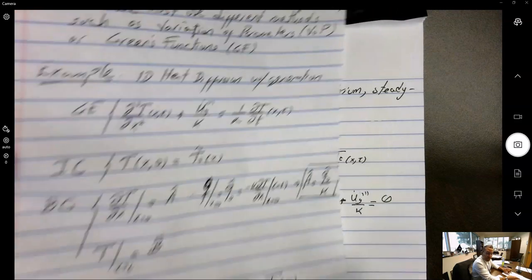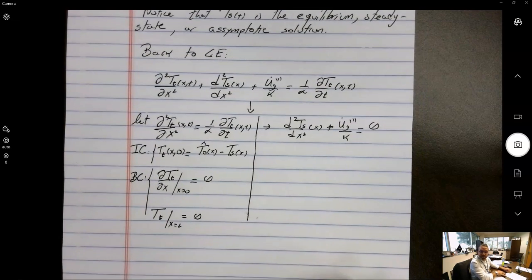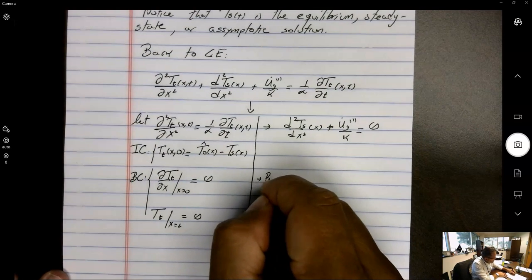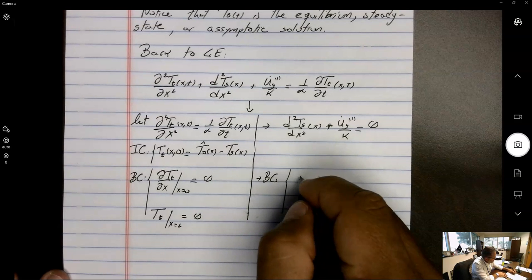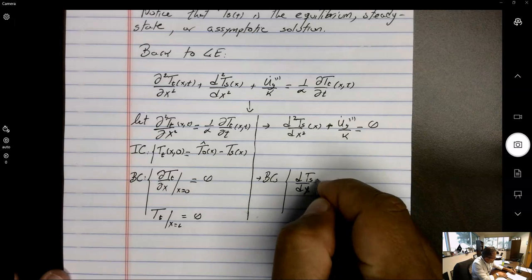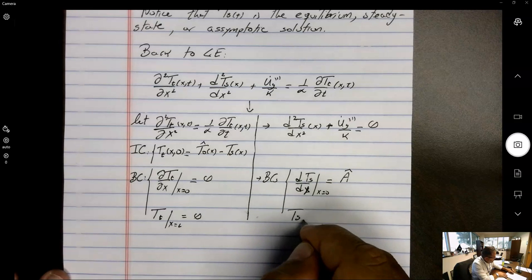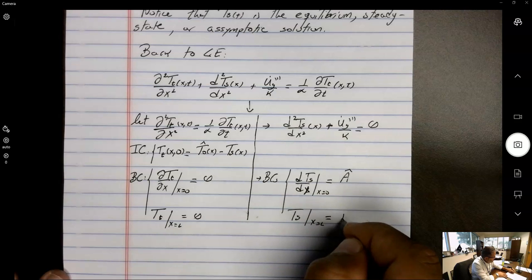Same thing at x equal L. So I am going to arbitrarily say that the derivative of Tt with respect to x at x equals 0 is equal to 0, and the temperature T at x equal L is also equal to 0. And if that's the case, then the boundary conditions for the steady problem will become dTs/dx at x equals 0 is equal to A, while Ts at x equal L is equal to B.